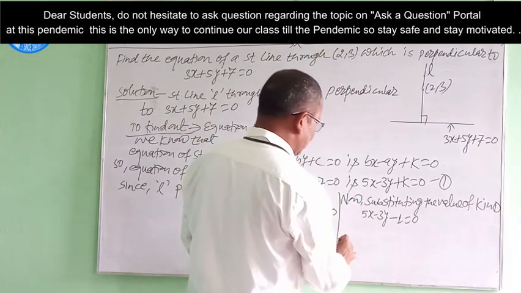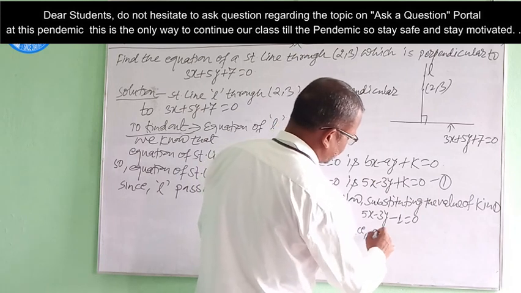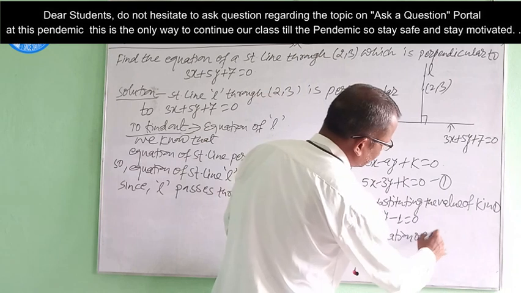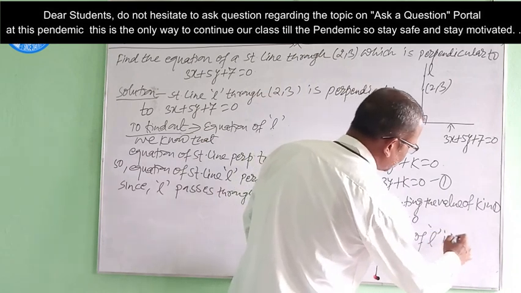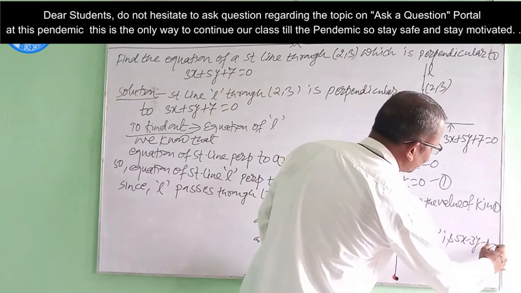This is the required equation. Hence the equation of L is 5x minus 3y minus 1 equals 0.